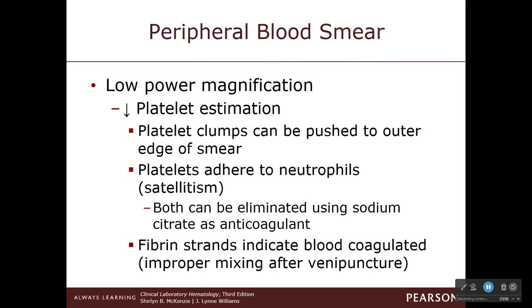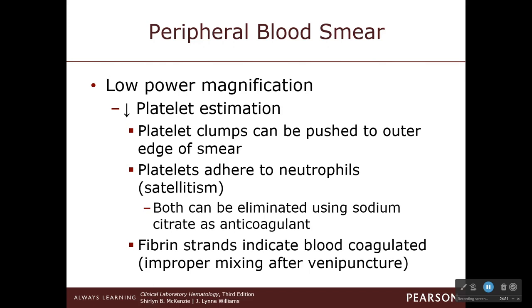Another thing on low power magnification that you can find, I mentioned this yesterday, Monday in class, is platelet clumps and platelet satellitism. This is what I was talking about earlier. Platelet satellitism is a really weird phenomenon. It usually occurs in EDTA tubes, but it can actually be eliminated by using sodium citrate, which is the blue top tubes, okay?